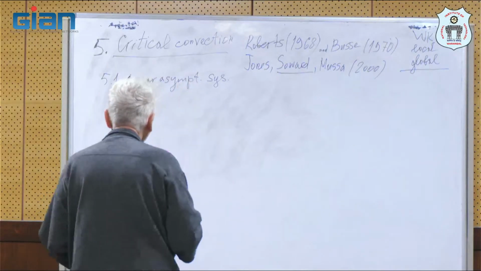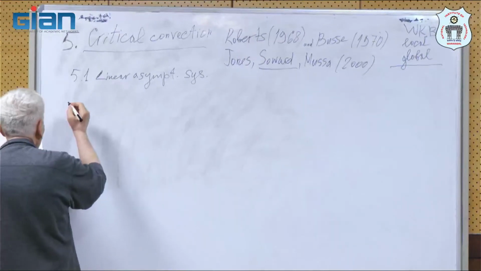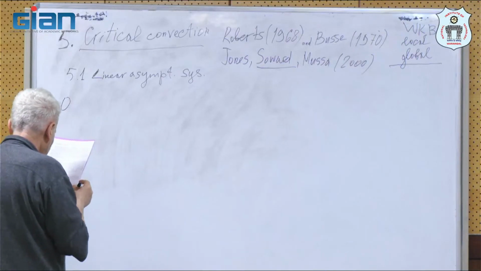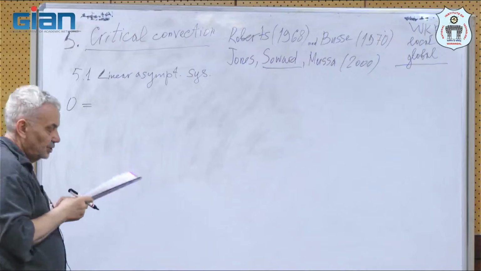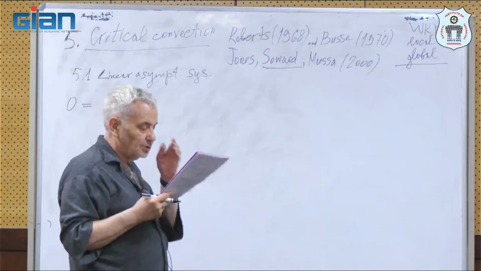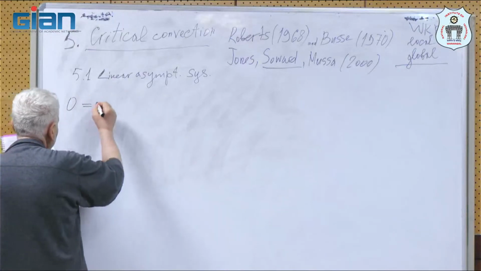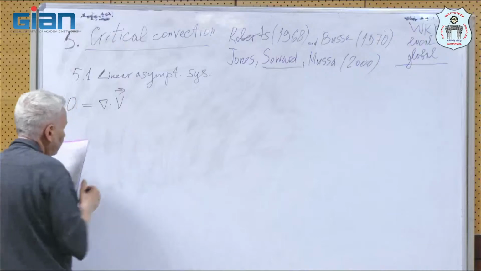Instead of all the substantial derivatives, we put zero, totally neglecting the sound effect and sound waves. And it's simply divergence of V equal to zero.